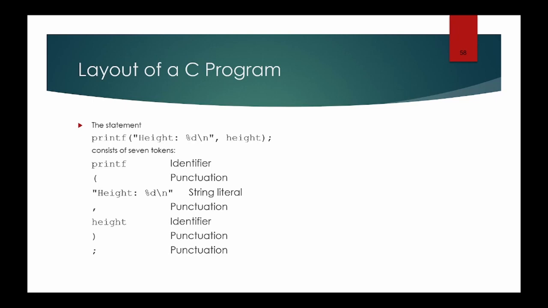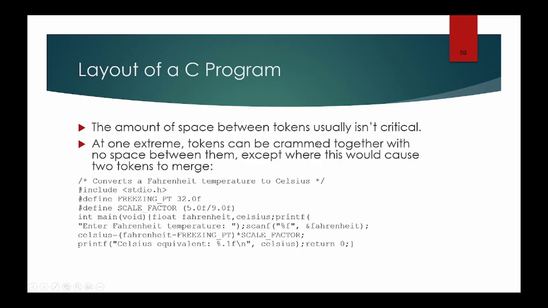It has some punctuation. It's got a string within the double quotes. It has more punctuation with the comma. Then it has another identifier for that variable, and then some additional punctuation. So you're basically just building these statements token by token, or piece by piece.